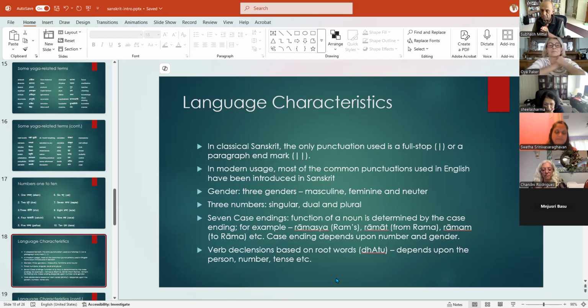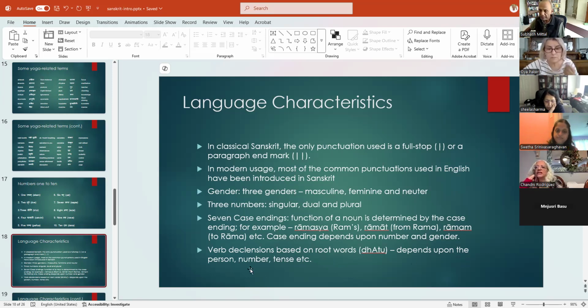So there are different ways to conjugate the nouns and different ways to conjugate the verbs. The verbal declensions are based on the root word. It's called dhatu in Sanskrit. Dhatu is the root word.